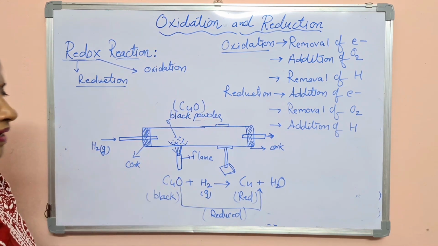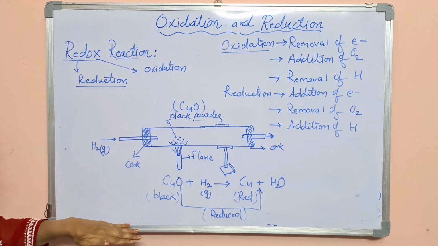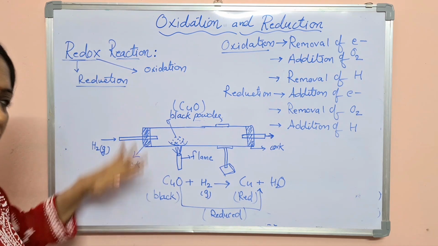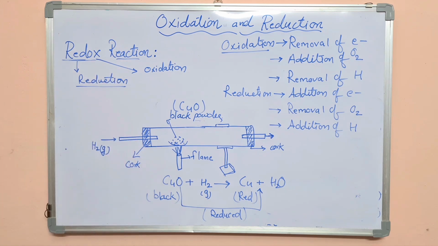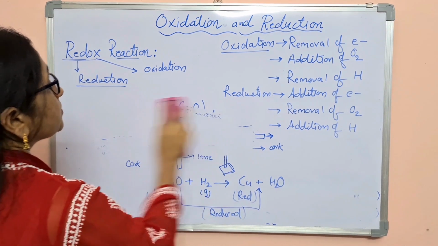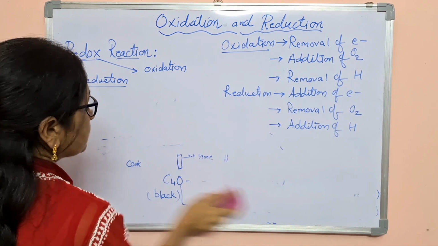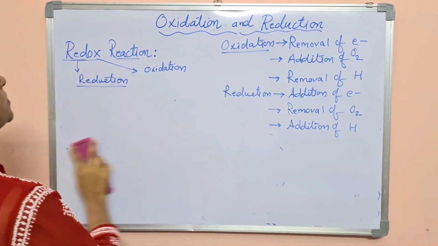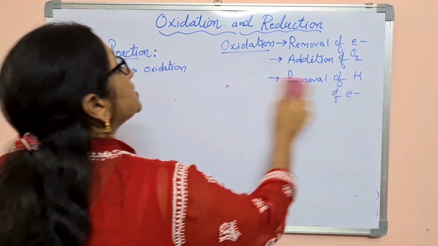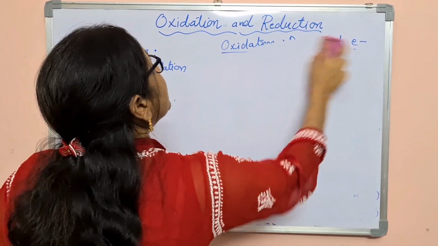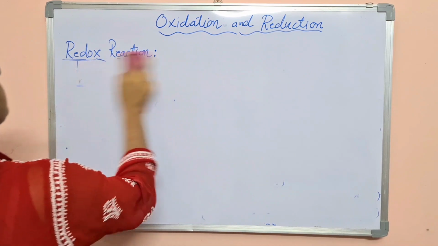So now we will see many more examples of redox reactions. In the meanwhile, note down this. I think all of you have noted down this definition of oxidation and reduction.